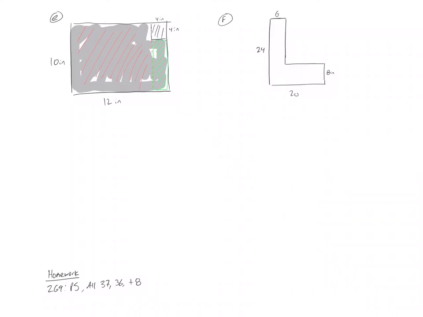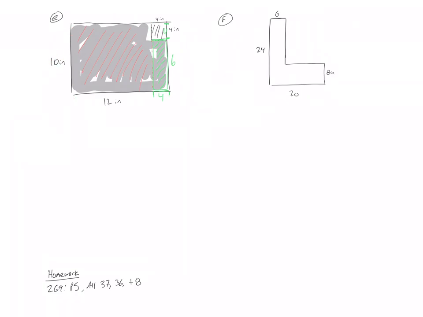So I need to just figure out those missing lengths. I know this length right here is 4, right? From here to here is 4. And I know from here to here is 4. And I know the whole length is 10. So that means this length is going to give me 6, because the whole length is 10. I found that from right here.